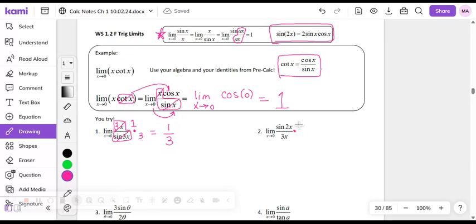So I'm going to multiply by 2 over 2. What that does for us is the sine of 2x over 2x reduces to 1, and we are left with 2/3. So that's the limit as x approaches 0 of sine of 2x over 3x.